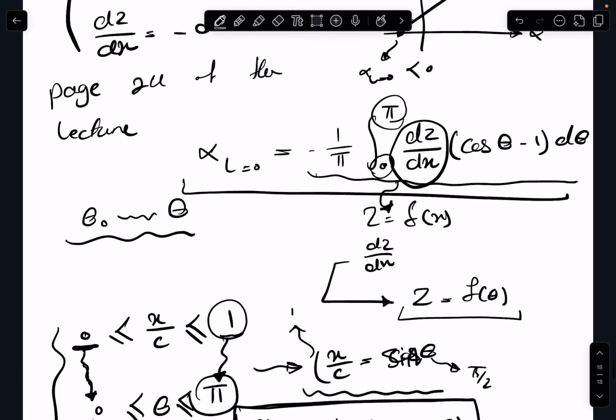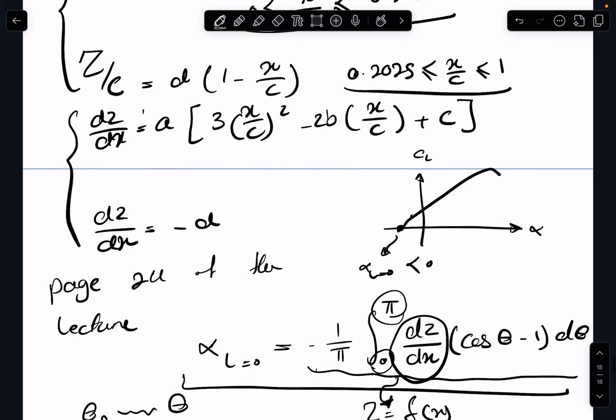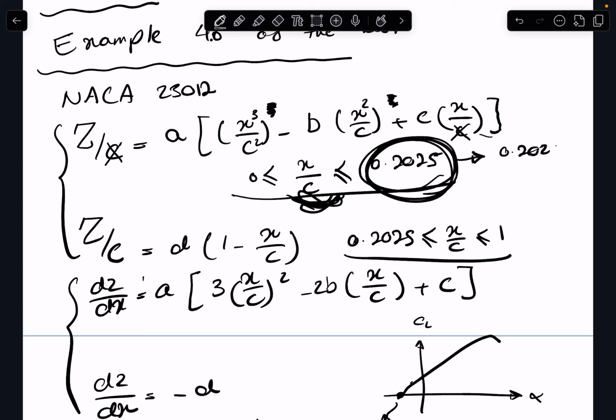And then we also have to change this value to a system of theta, because we are not dealing with x over c anymore. We are dealing with theta. It's pretty simple. You just have to use the transfer function and set x over c to 0.2025. 1/2 times 1 minus cosine of theta is our transfer function.